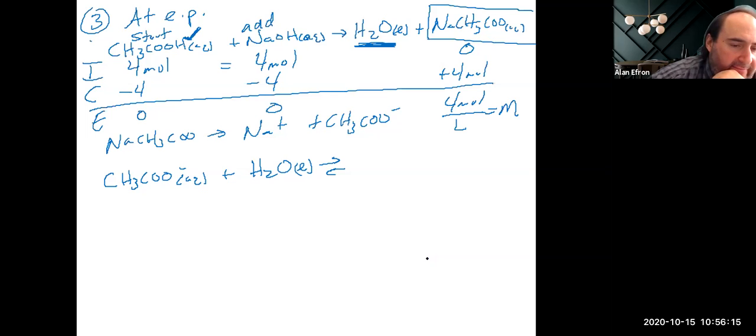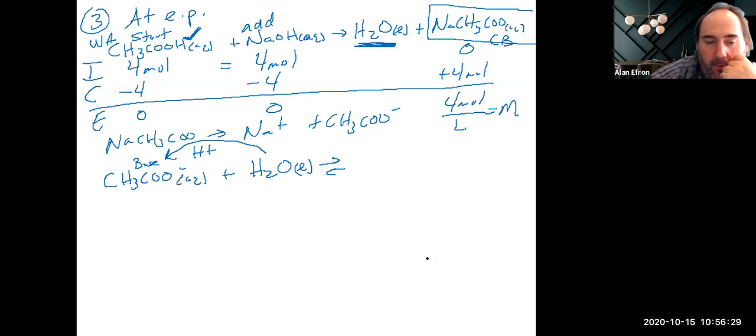Well, since it came from a weak acid, it is probably like a conjugate base, which means it's going to act as a base in this case, and that means it's going to accept the H+. When it accepts the H+, it will form where it came from, like we talked about, which is acetic acid, and it will form hydroxide here.